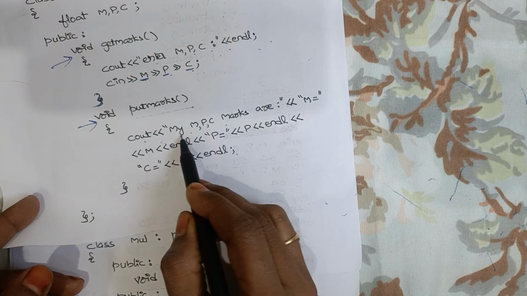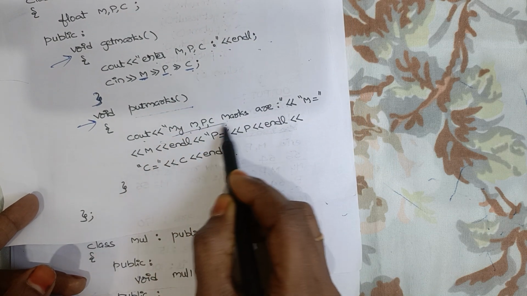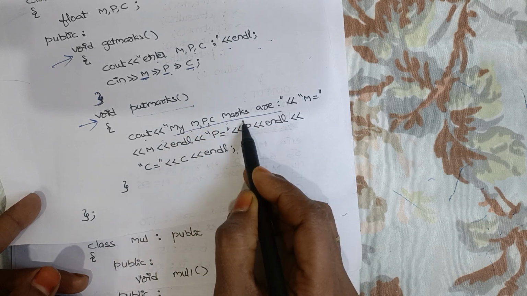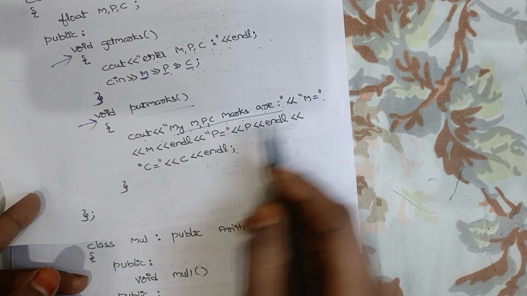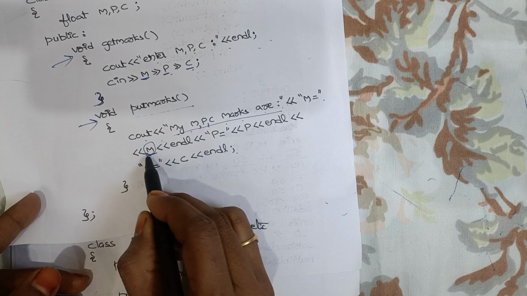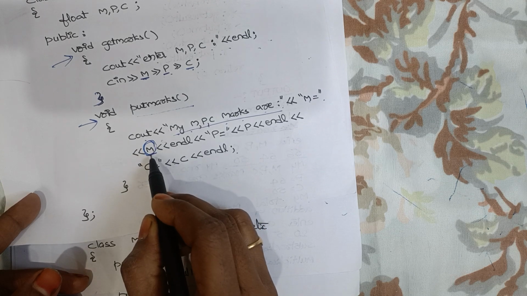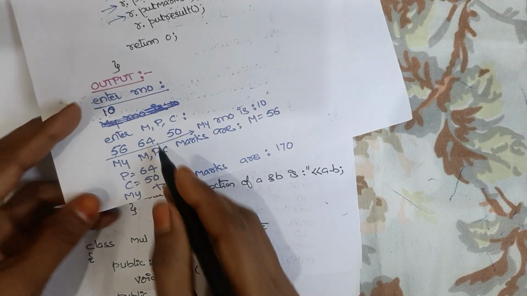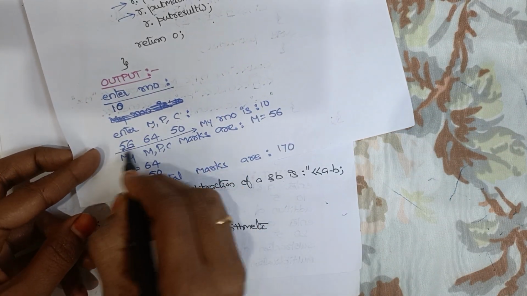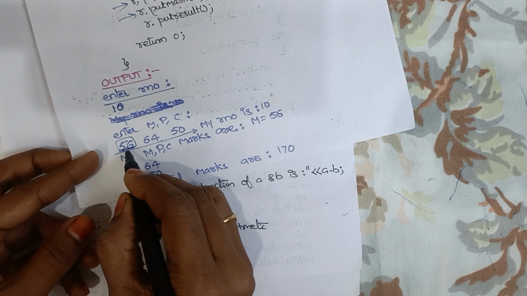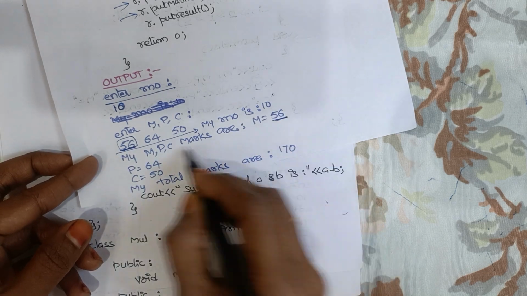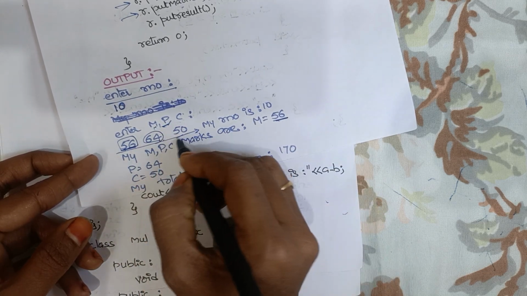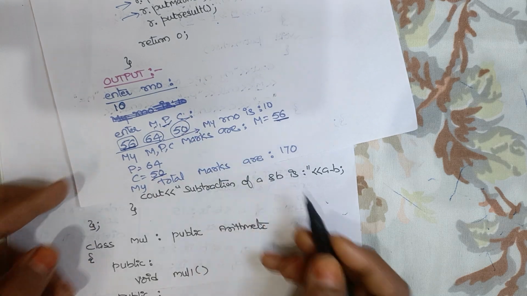Here whatever you wrote in the double quotes will print as it is: my MPC marks are, m is equal to, and whatever value you have given is stored in the m variable. For example, I entered 56 for m, 64 will be p, and 50 will be c.